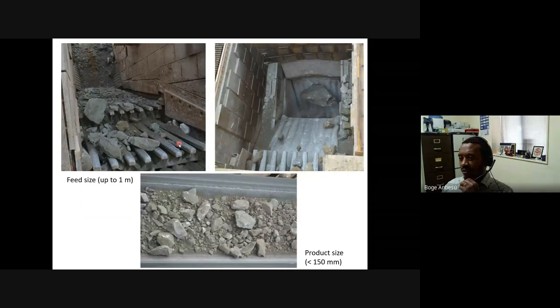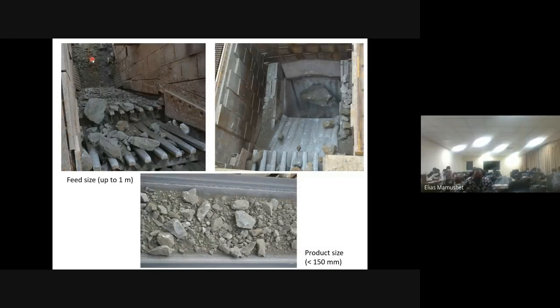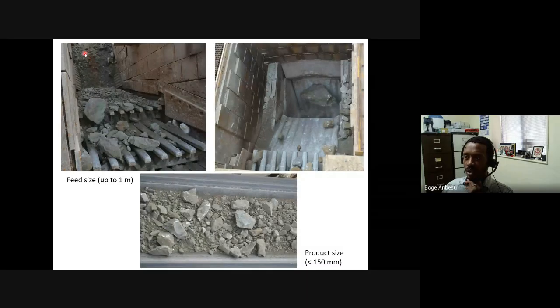This is a picture I have taken in one of the processing plants around here. This is the inside of a jaw crusher, and this is just ore which has been delivered to the plant. It's just blasted and brought to the plant, most likely using a truck.